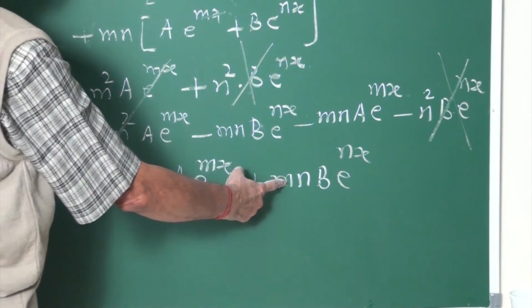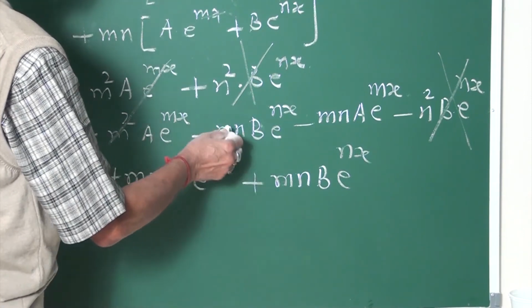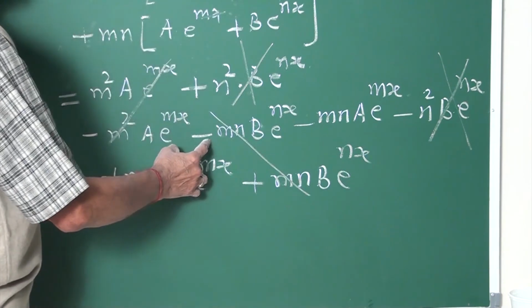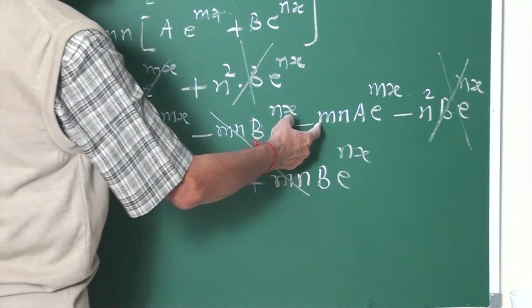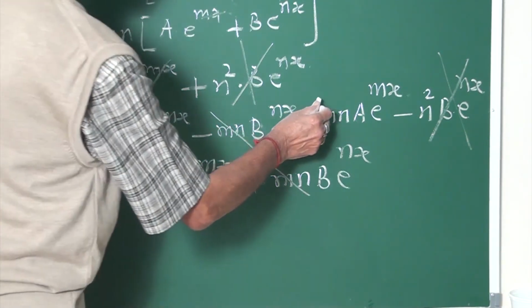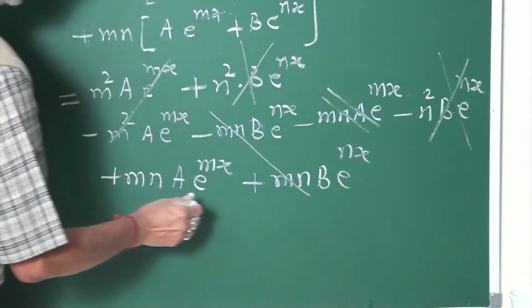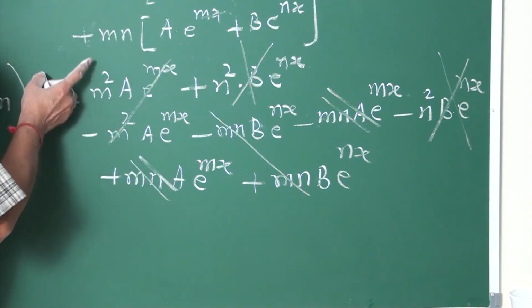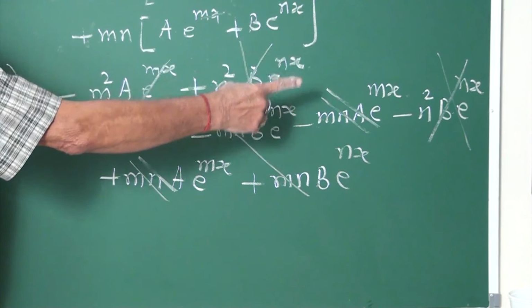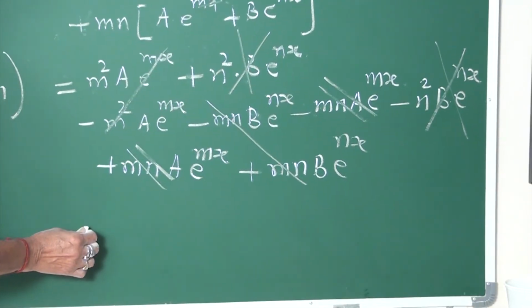Minus mn b plus mn b. What about this? Minus mn a plus mn a. Yes, this is cancelled. Observe, all the steps are cancelled.